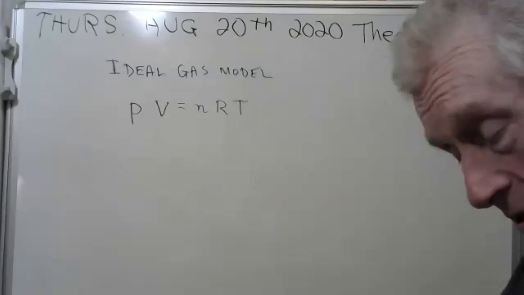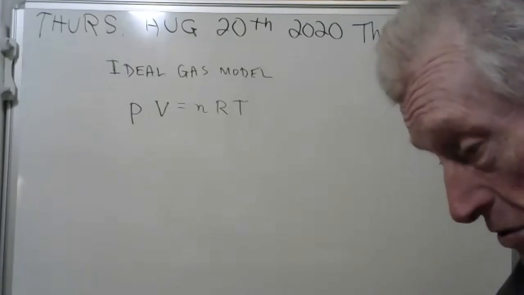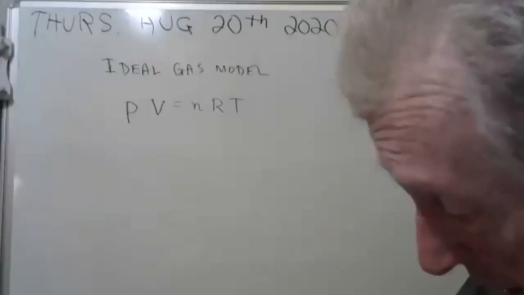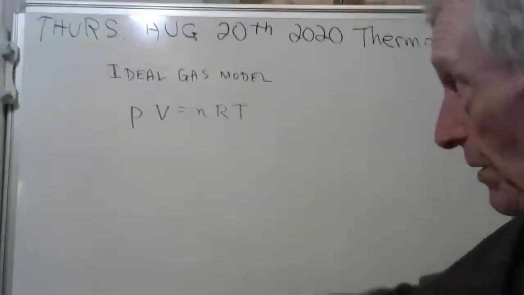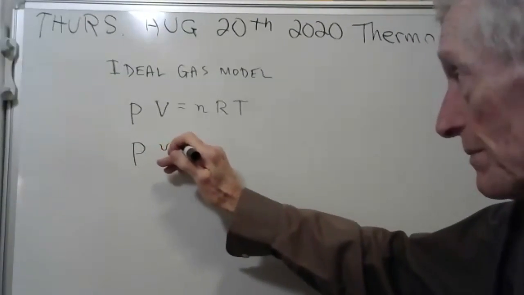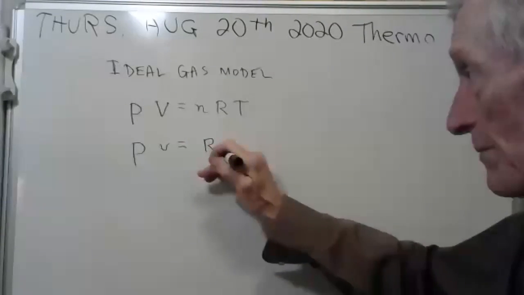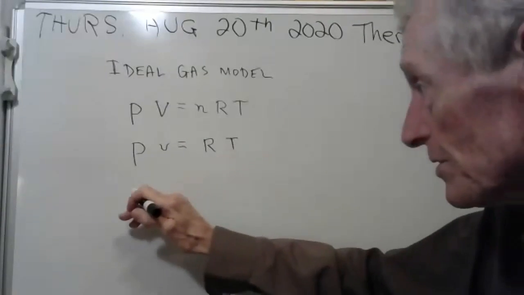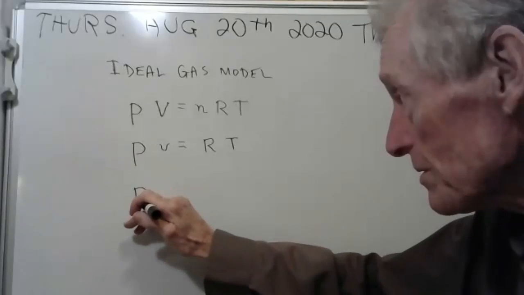In this class, there are 4 different versions of the ideal gas law. I'll give you all of them. Here goes. This one here is my favorite. Then there's another one that goes like this.